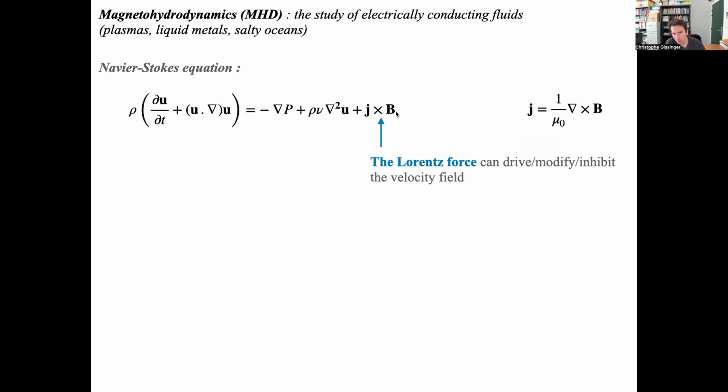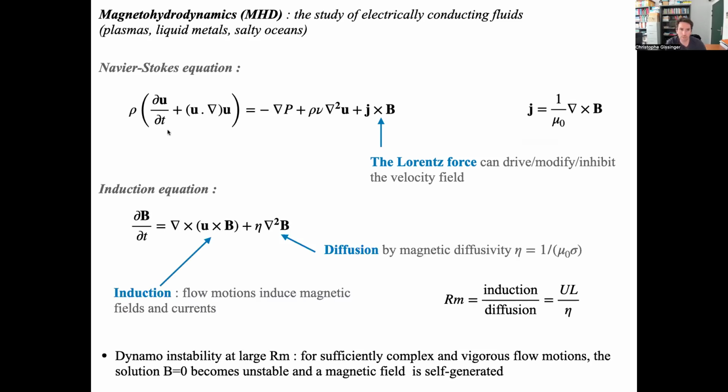Most of the time, you also want to discuss the dynamics of the magnetic field. In this case, you need to couple the Navier-Stokes equation with the induction equation, which is obtained by combining Ohm's law and the Maxwell equations.